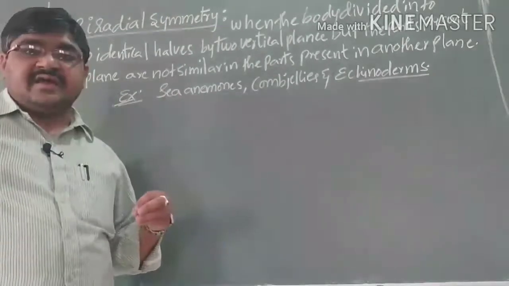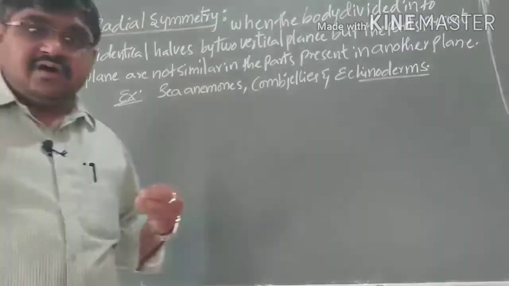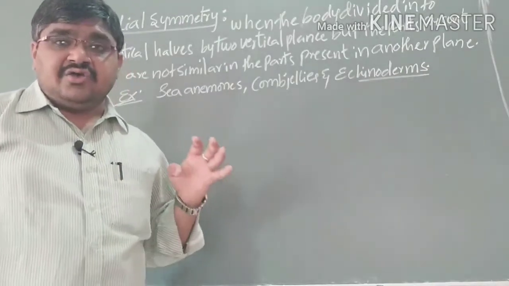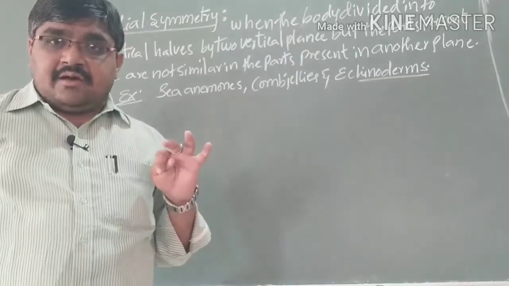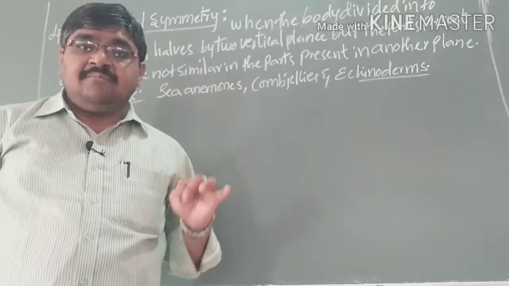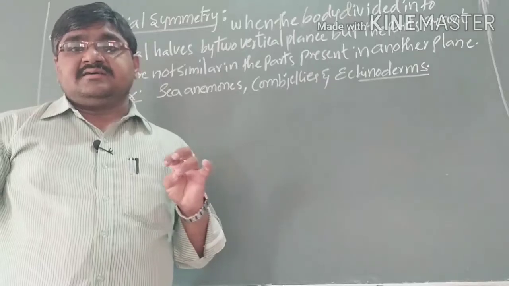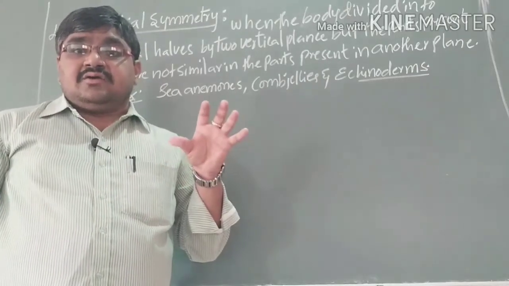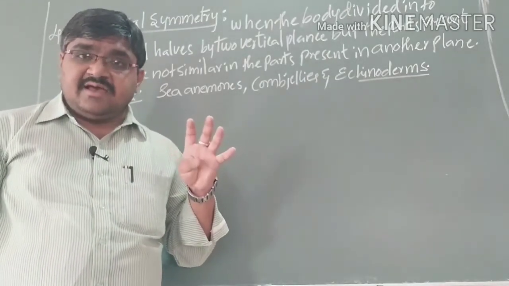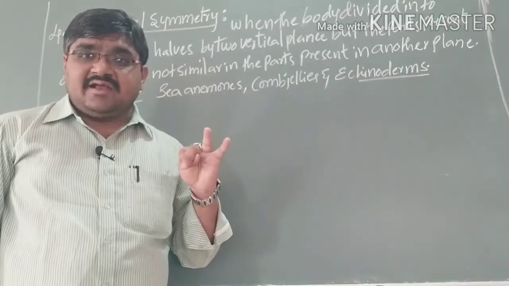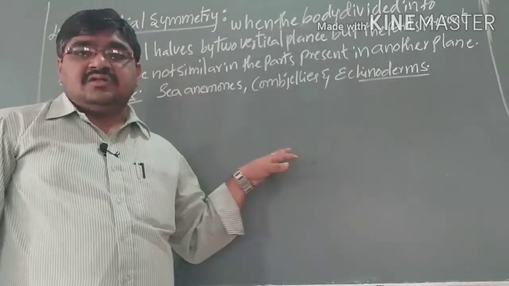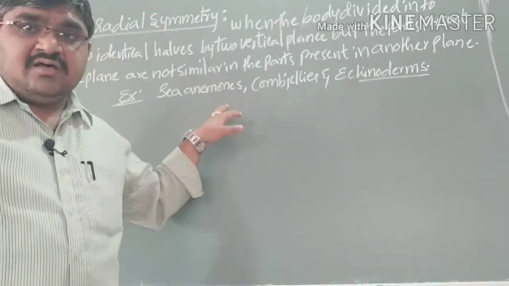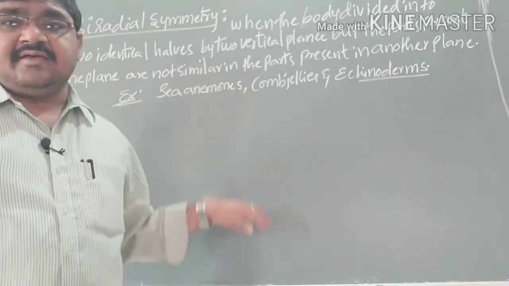So these are the four types of symmetries: spherical, radial, bilateral, and biradial. This is about the topic of symmetries.